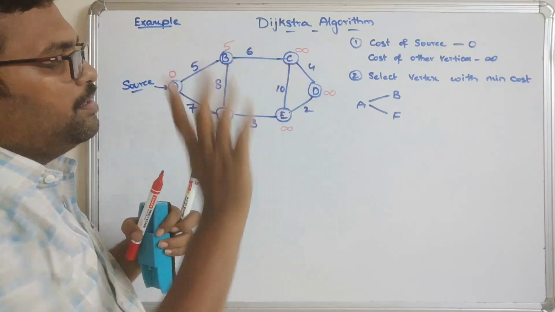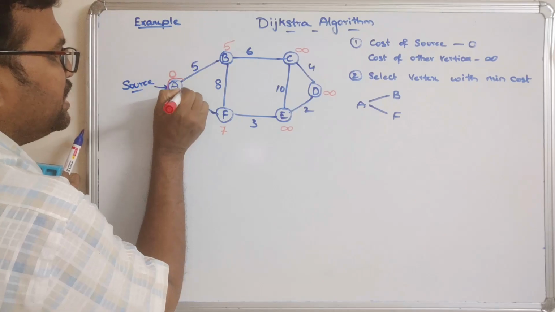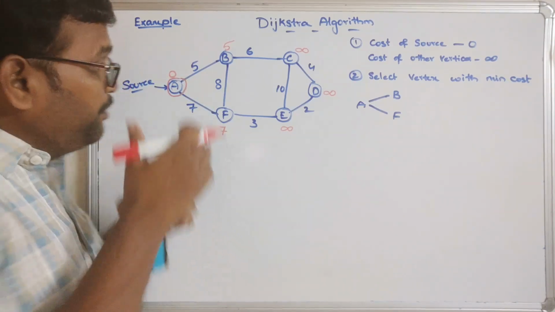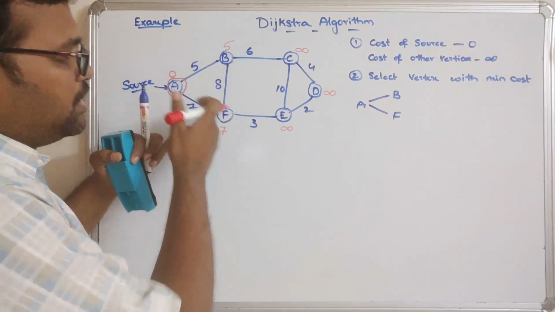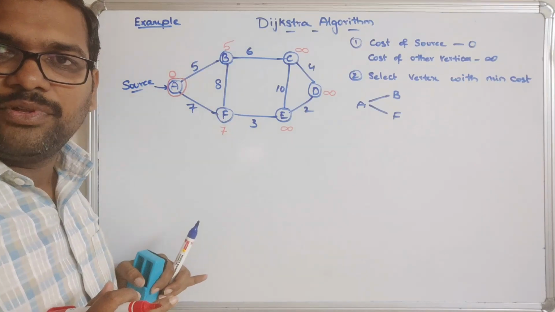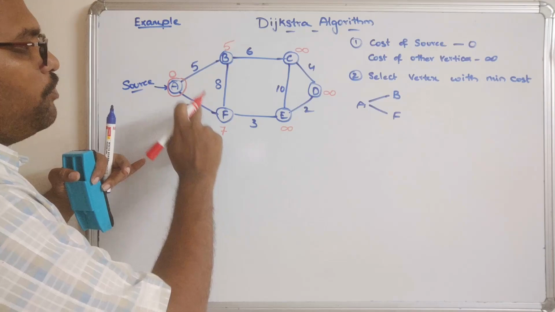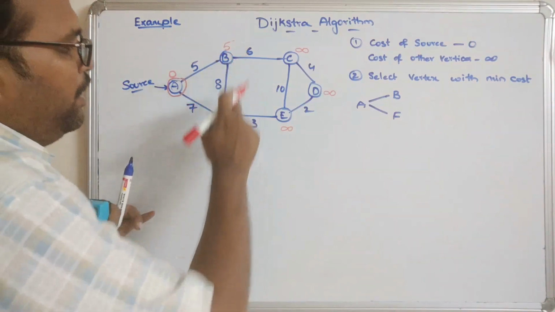All remaining are infinity, and mark this one as a visited node. So A is visited now because from A we have found the cost of all adjacent vertices. We only have two neighbors, B and F.